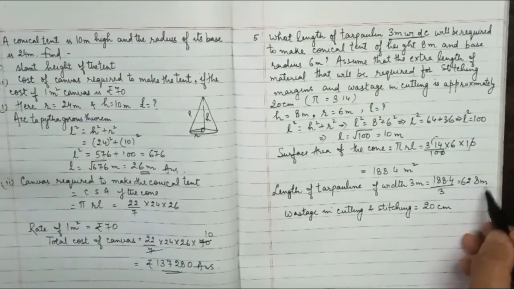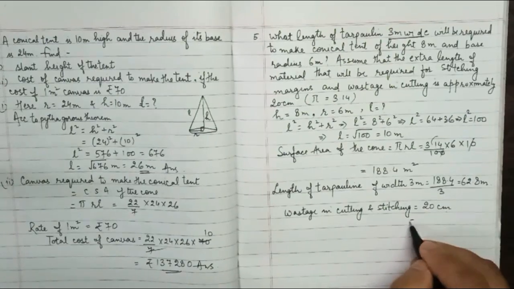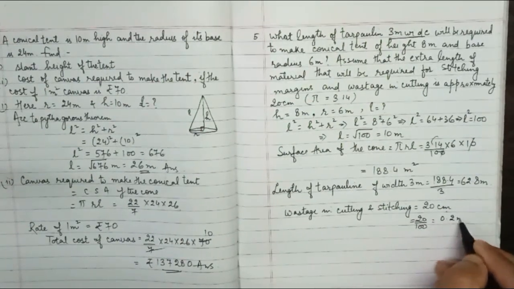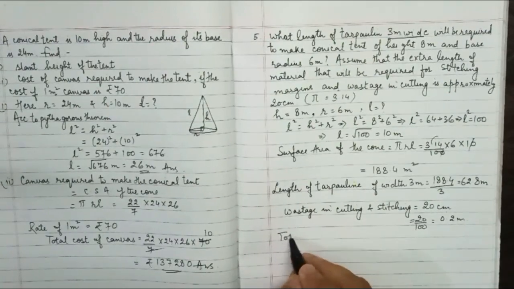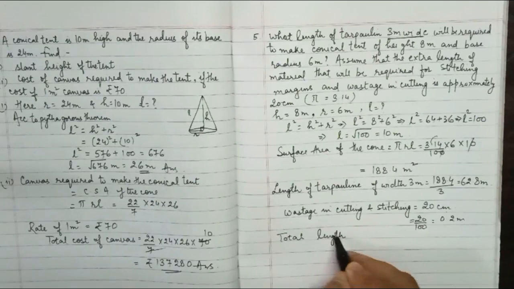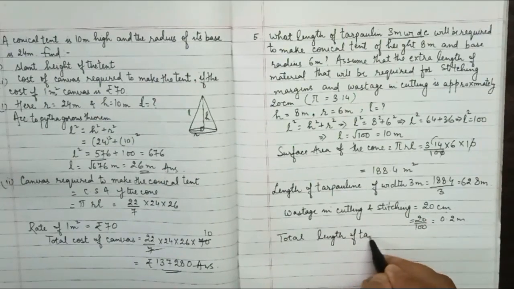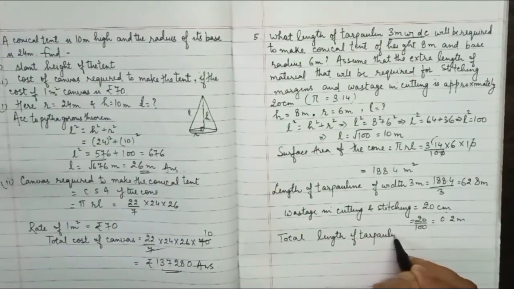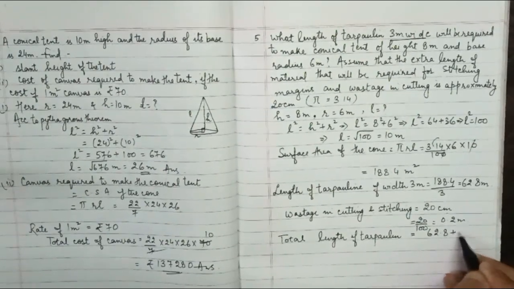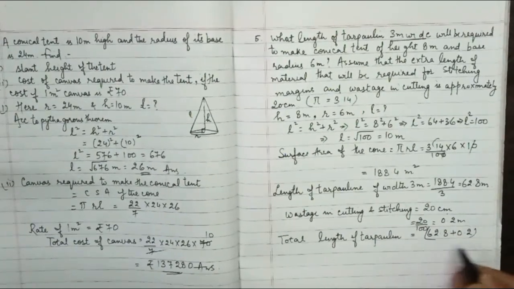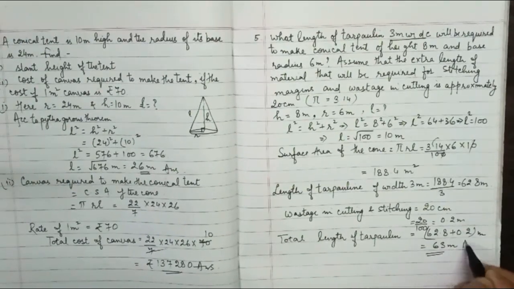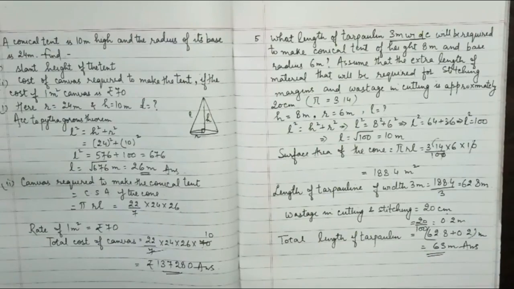So as this is in meter and this is in centimeter, we will convert it into meters, and then total length of tarpaulin will be equal to 62.8 plus 0.2 meter, which is equal to 63 meters. This is the answer for this question.